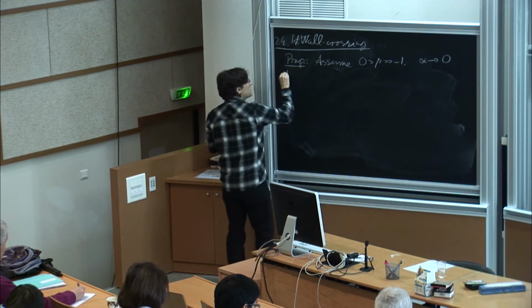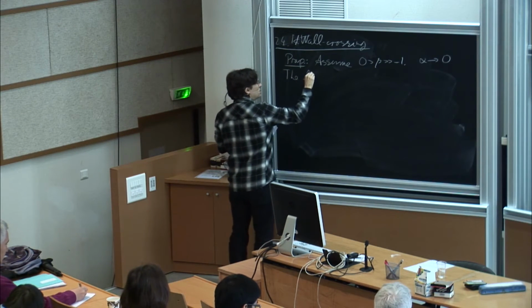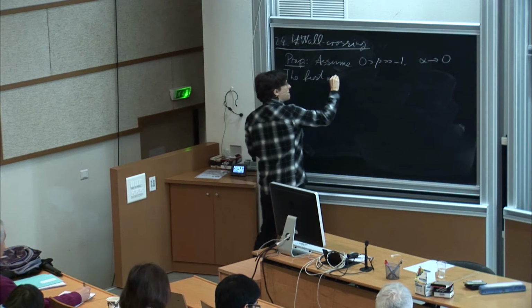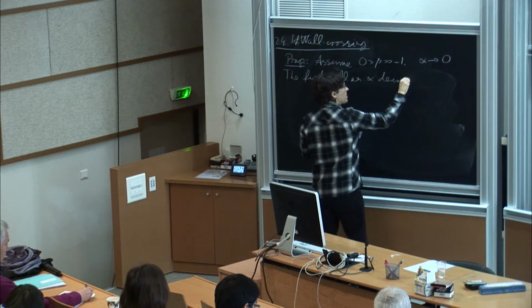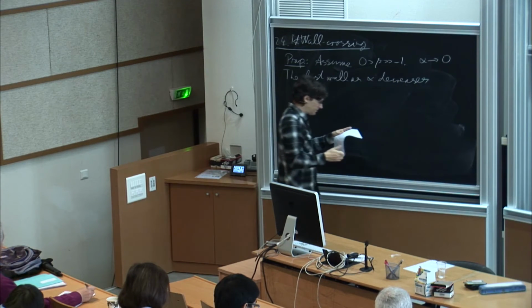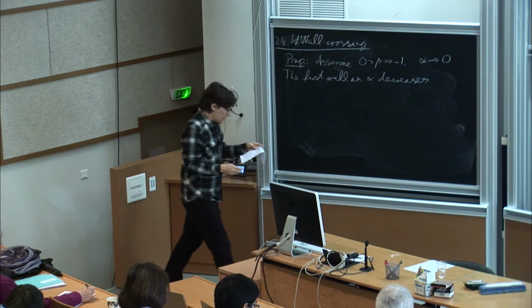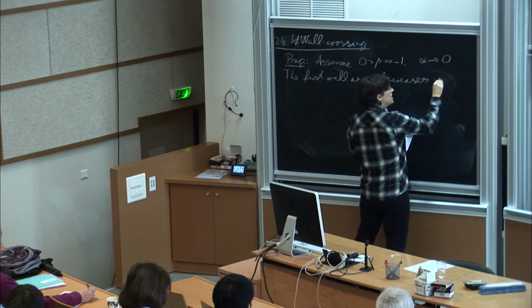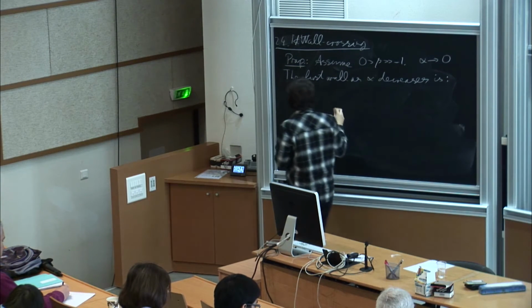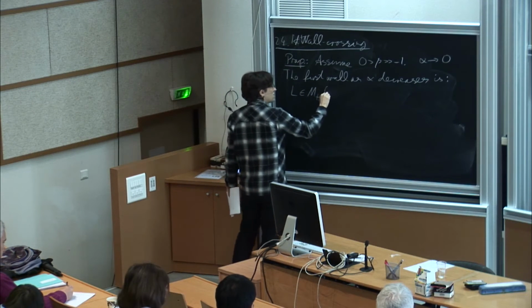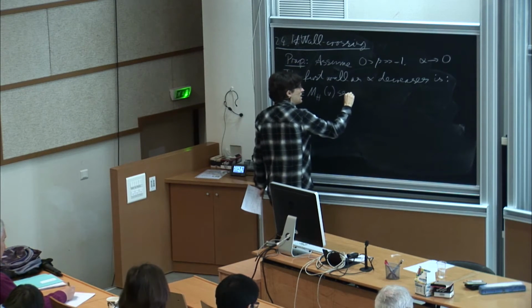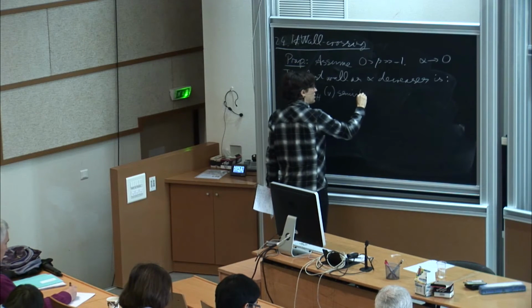And then they claim the first wall, as alpha decreases, is given as follows. So the L in M_H(v) becomes semi-stable if and only if it has a global section.